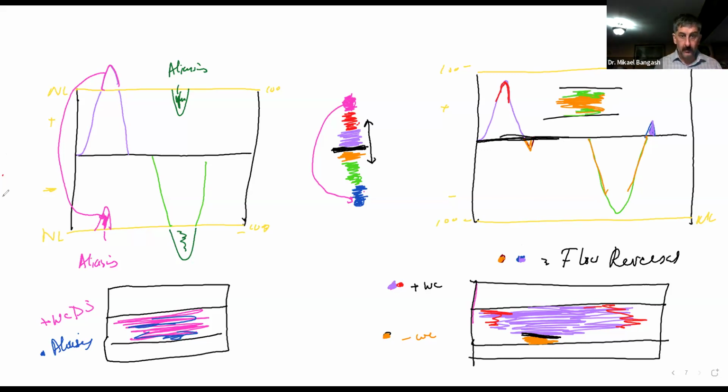But then that was probably not the right way to do it. So there's some green here, and then we have black, and then we have purple. Did that make sense?